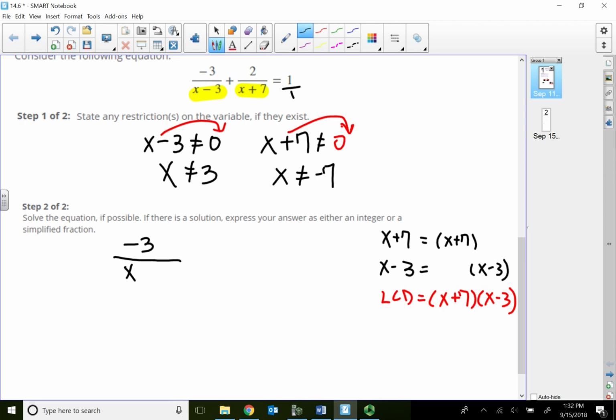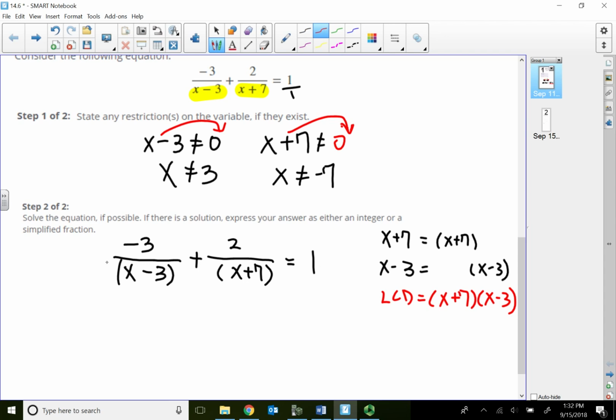This x minus 3, there's nothing to factor out other than 1, so I'm going to put them in parentheses, plus 2 times, the second denominator is x plus 7, nothing to factor out other than 1, so put them in parentheses, indicating I factored out a 1, is equal to 1.